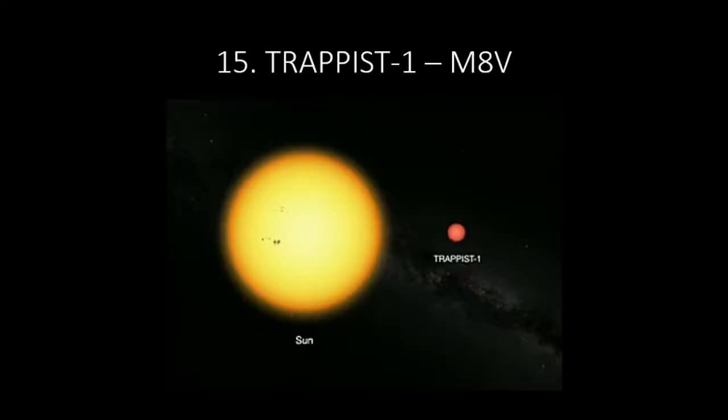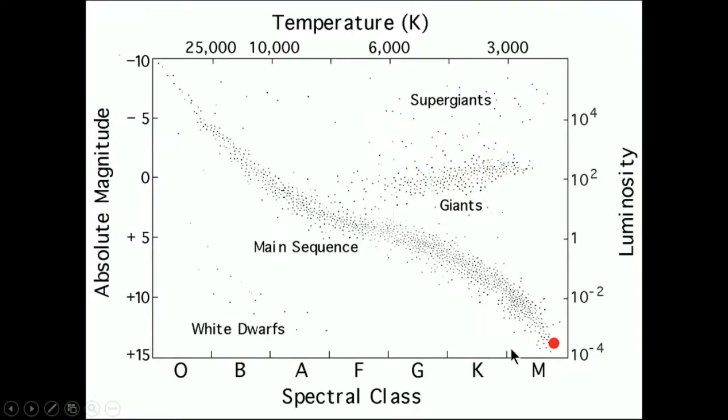Next up, number 15, TRAPPIST-1, an M8V star. So it's pretty small, compared to the sun. M8V is all the way on the right side of M, and V tells you that it is on the main sequence.